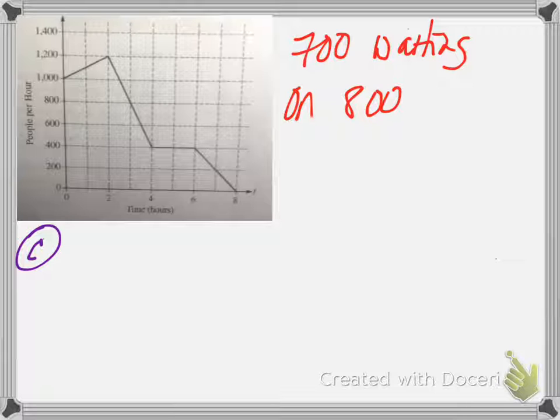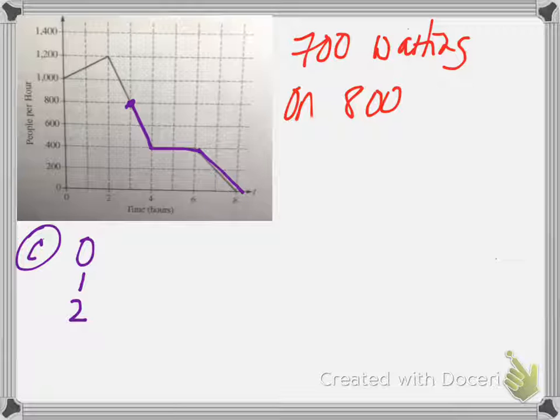Okay, part C is asking, when is the line for the ride the longest? Remember, we were talking about that 800 number, which is right here. Anything over here, where the numbers are all less than 800, is when the line is smallest, because the rate of people arriving is smaller than the amount they can get on the ride. So the line is going to be longest at 0, at 1, or at 2, but not at 3, because at 3 it's already down to 800.